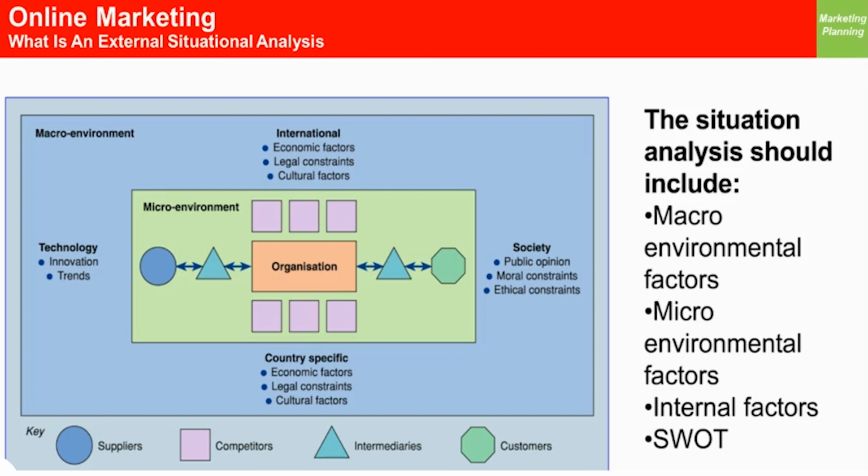In terms of the internal analysis, it's really looking at the strengths of your organization, be it your people, be it your processes, be it the quality of your environment, if you've got a physical bricks and mortar location. It may be other things to do with opportunities in terms of the way the market's developing that you can exploit, or it may be threats, the threat of competition coming in, threats around supply chain.